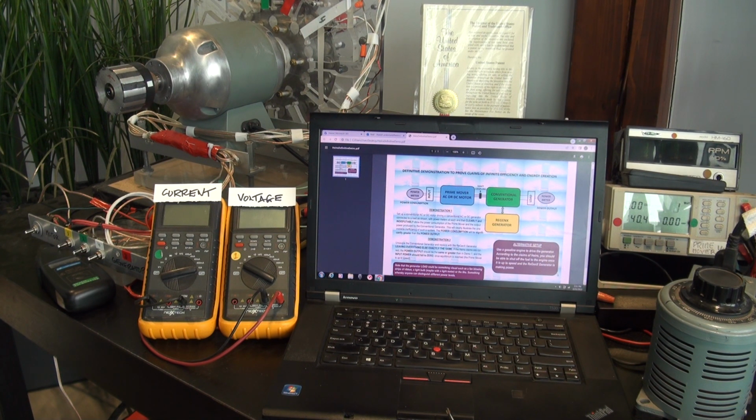And so we can calculate our initial rotational kinetic energy on no load at rotational equilibrium.